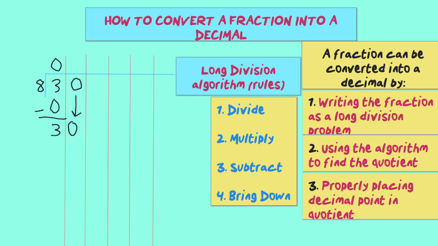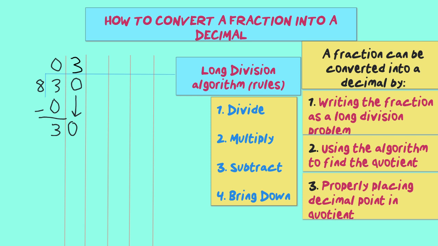How many times can 8, our divisor, go into 30? 8 times 1 is 8. 8 times 2 is 16. 8 times 3 is 24. 8 times 4 is 32. So 8 can go into 30 3 times without going over.